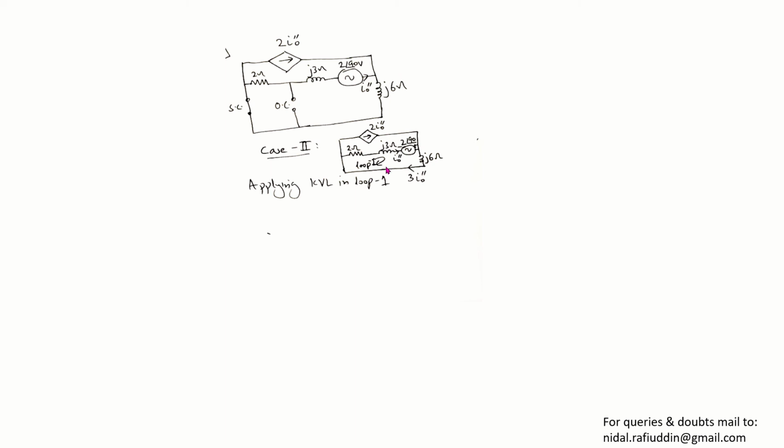Again, performing the same way of analysis that we did in the previous case, we assume plus and minus momentarily here. The direction of current is clockwise, so this will become plus. Let me draw this again.